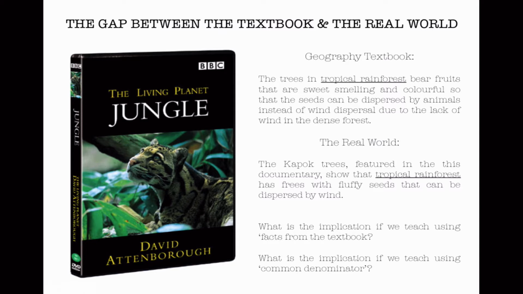That means they reach up very high into the sky, and hence they are above every other tree. So when they are above every other tree, that location is unique because they are exposed to the wind. And when they are exposed to the wind, why would they need to be sweet-smelling and colorful? They will be dispersed by wind, and hence the trees have seeds that are fluffy.